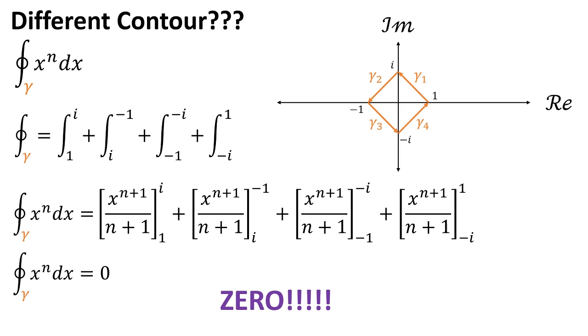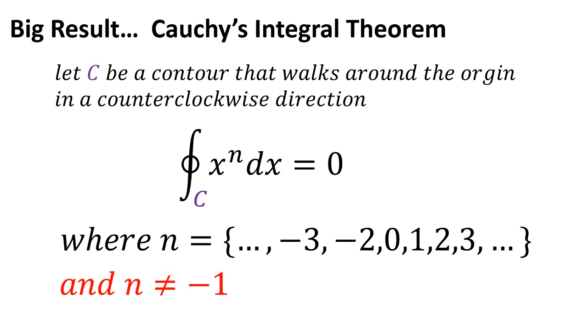So now we're going to get to one of the big results: Cauchy's integral theorem. This is just kind of like a baby version. There's a more mathematically generalized version, but since we're working with these simple polynomials to begin with, you might as well just keep it in that format.